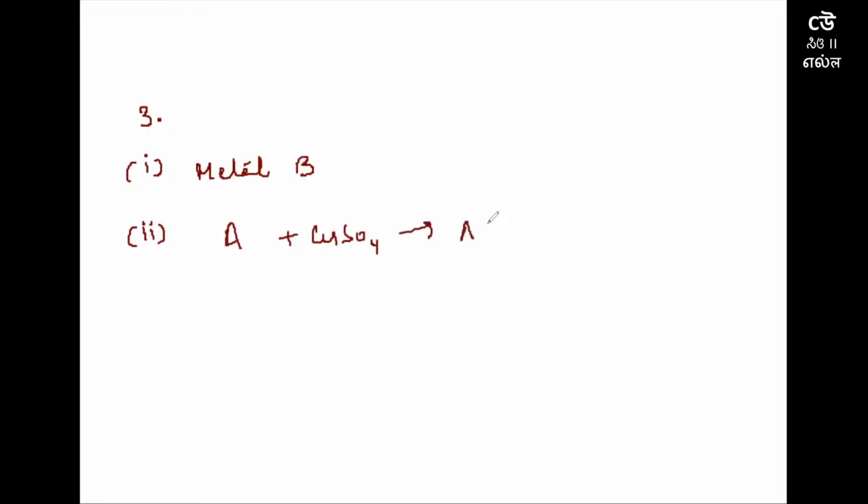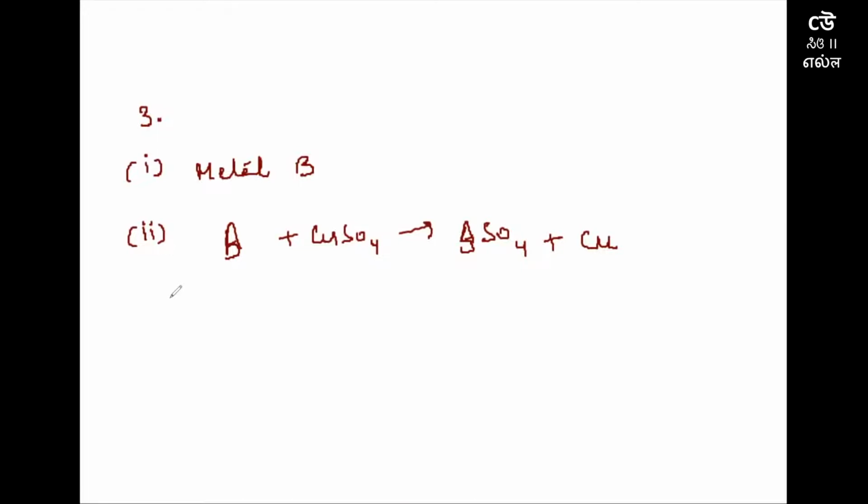It will form metal sulfate, with a red brown deposit of copper on metal B. This is supposed to be metal B, and this is how the reaction will go if metal B combines with copper sulfate solution.